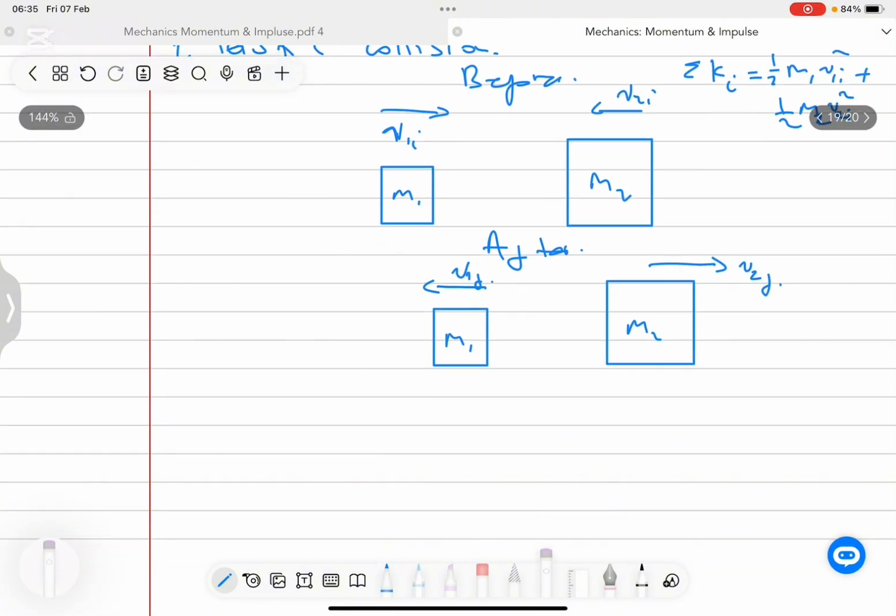And after collision, because the velocities have changed, we are going to have the total kinetic energy of the system final, right? We need the sum of the two kinetic energies here to be 1/2 M1 V1 final squared plus 1/2 M2 V2 final squared. I'm basically just adding that to find the total kinetic energy as we define total kinetic energy.